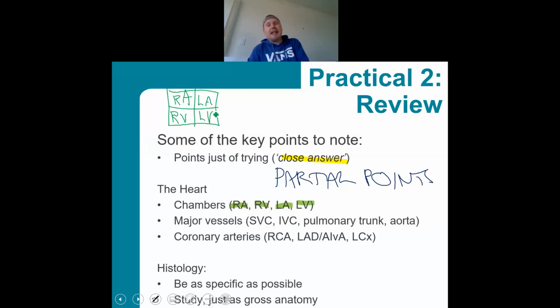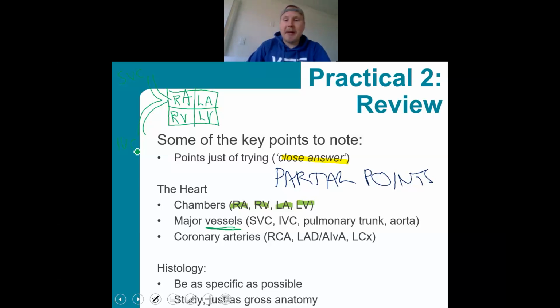Another thing that I think is worth noticing is that we have certain major vessels that relate to the heart. So we have our inferior and superior vena cava coming to the right atrium. Superior vena cava drains the head, neck, and upper limbs, whereas inferior vena cava drains the rest of the body.